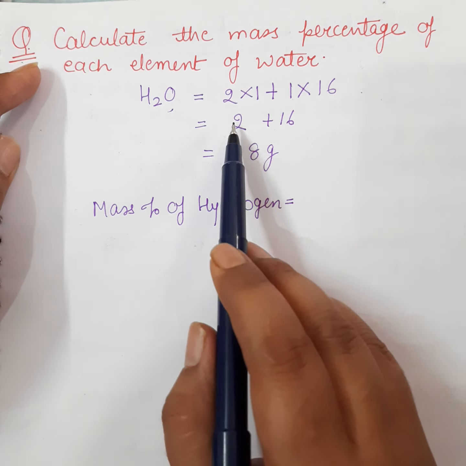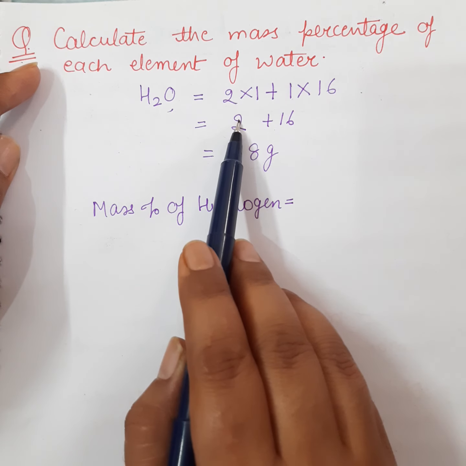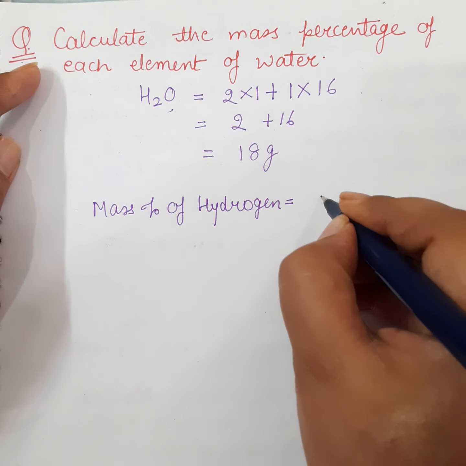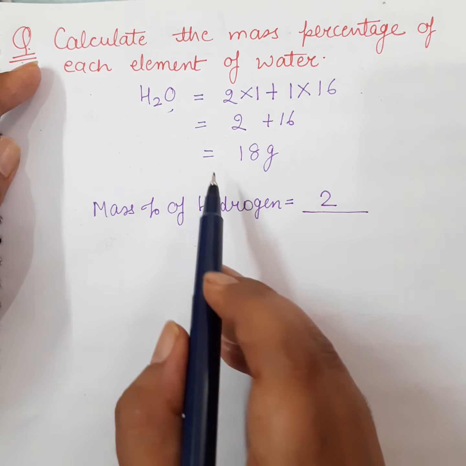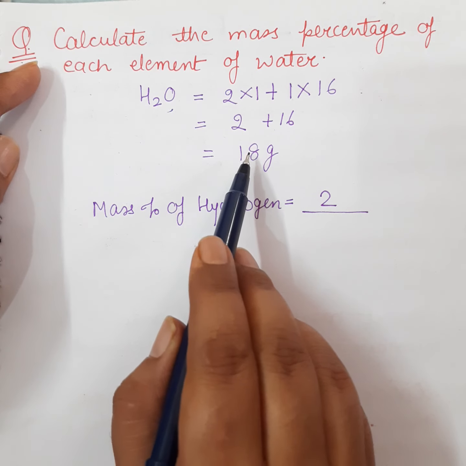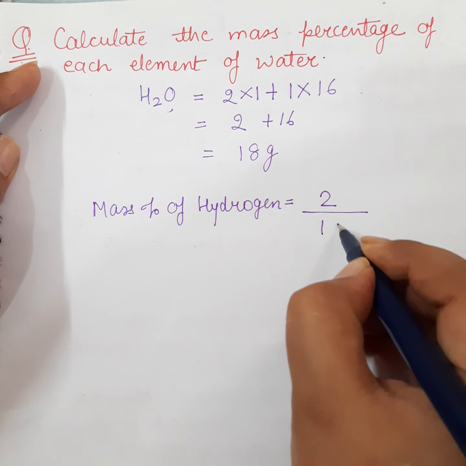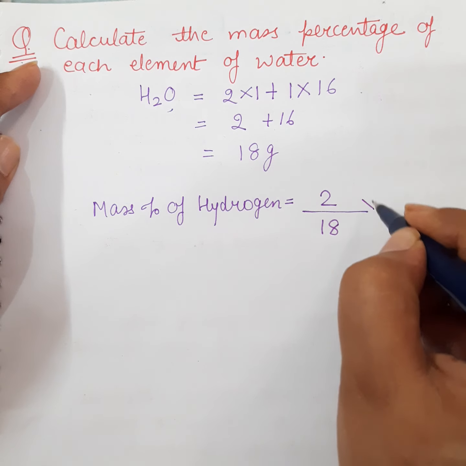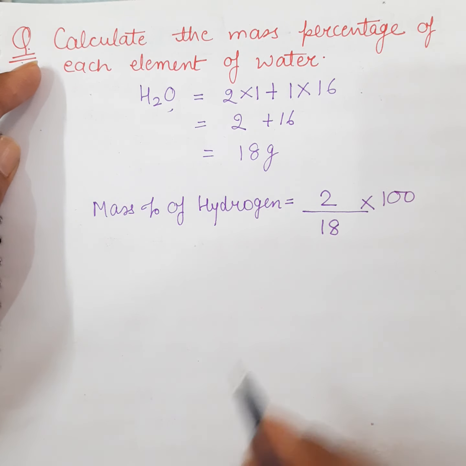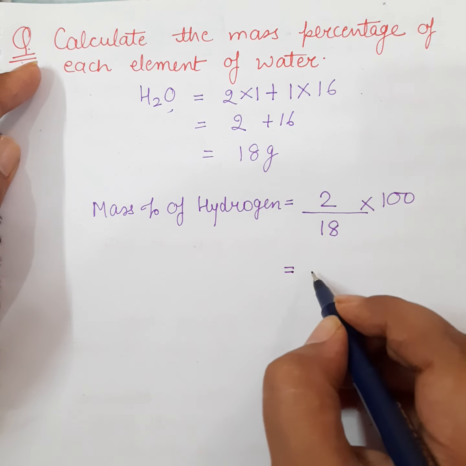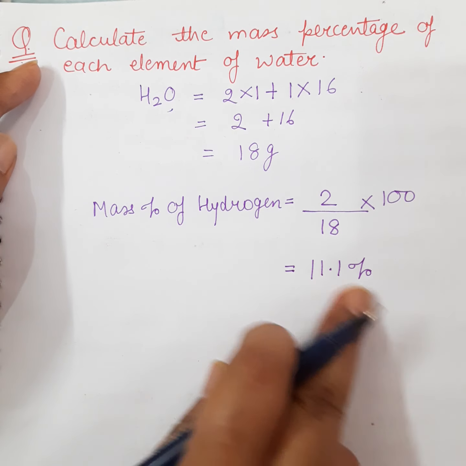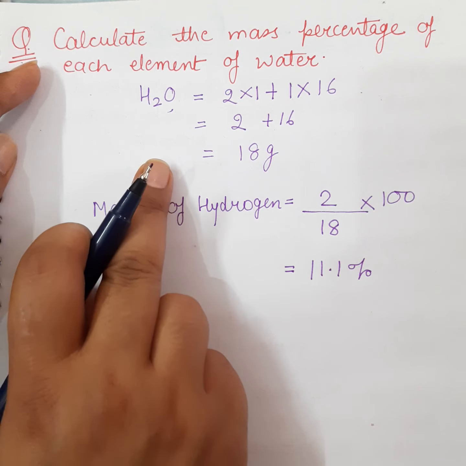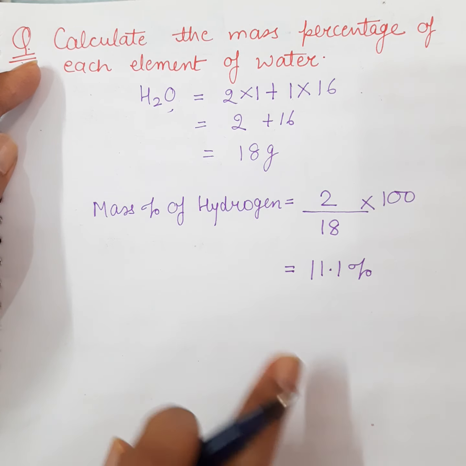The mass of that element in the compound is 2, so I write 2 divided by the molar mass of the compound. What is the molar mass of the compound? That is 18, so I write 18, then multiplied by 100. What will you get? You get 11.1%. So this is the percentage of hydrogen present in water.